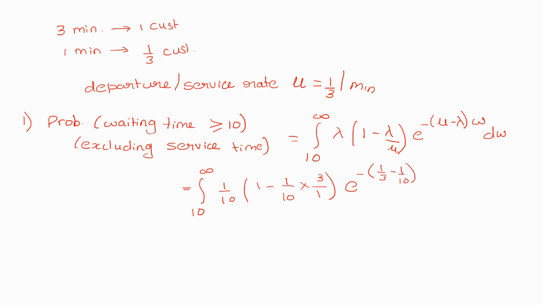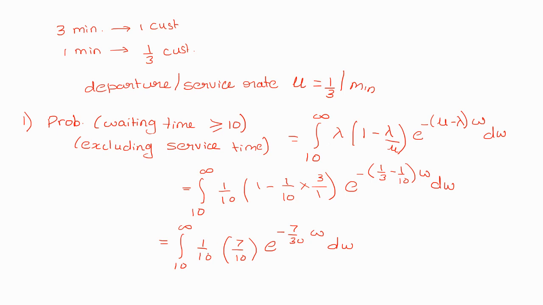So e is raised to minus (1 by 3 minus 1 by 10) w dw. Simplifying, it is the integral from 10 to infinity of 1 by 10, and 1 by 3 minus 1 by 10 comes to 7 by 30, so we get 7 by 100 times e raised to minus 7 by 30 w dw.